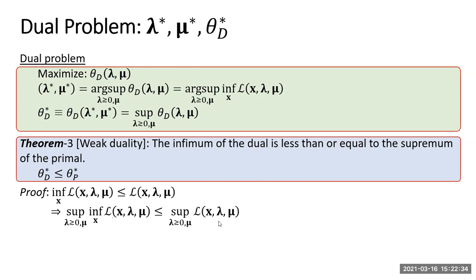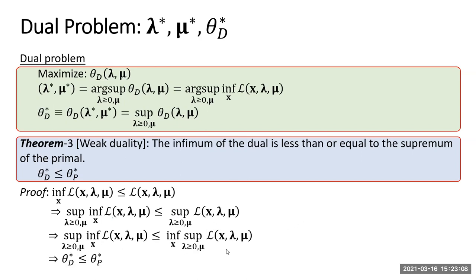In particular, even if you were to minimize with respect to x, this less than or equal to will still hold, correct? So if this left-hand side is always less than this function of x, then it must also be less than or equal to the minimum of that function of x, correct? And so I just showed weak duality.